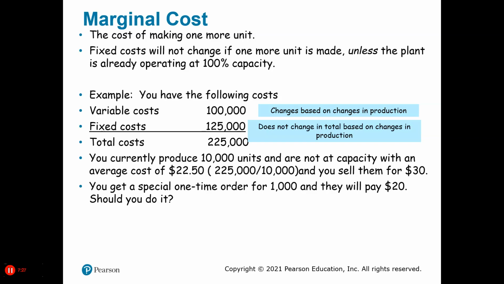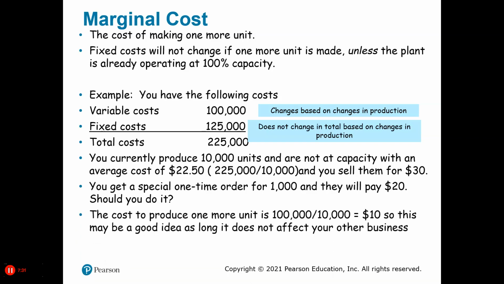It has to be someone you'd never deal with again. But if we only look at our incremental costs, i.e., our variable costs, the reality is it only costs us $10 to make additional units. So therefore, if it doesn't affect existing business, we make $10 profit.